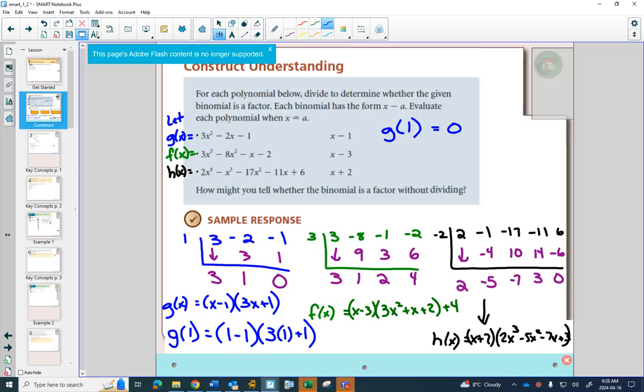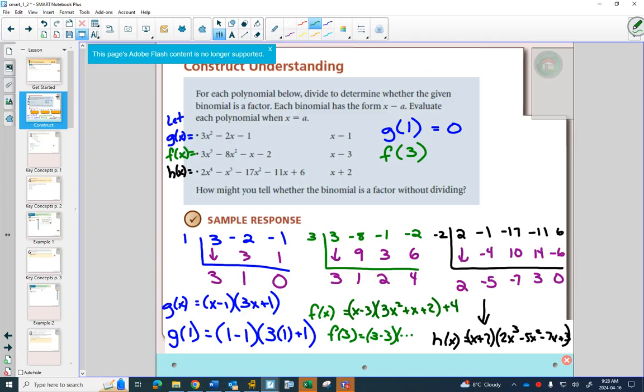Same thing here. What happens when I'm gonna plug in f of 3? This would be annoying to plug in 3, would it not be? Like you'd have to do 3 cubed, 27 times 3. Oh my goodness, big numbers. But how nice is it to plug in? I'm not even going to write out the next part, because what's 3 minus 3? 0.